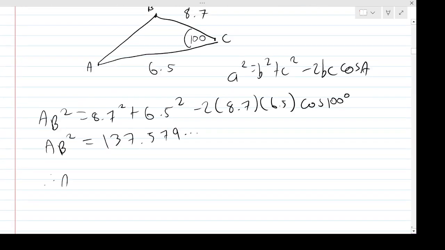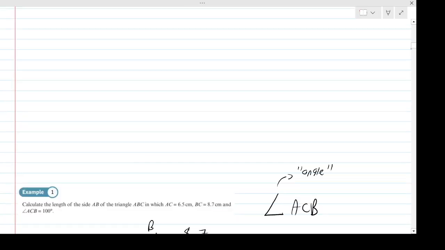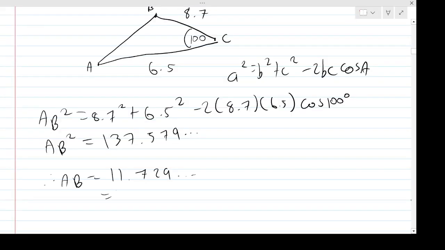So AB is the square root of 137 point dot dot dot, and I get 11.729 dot dot dot. Does it say to round it to anything? So I'll just say 11.7 to 3 significant figures. Okay.